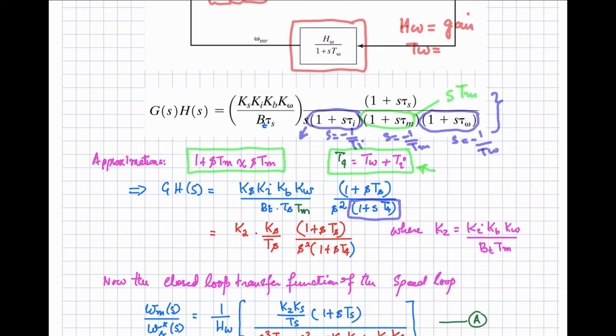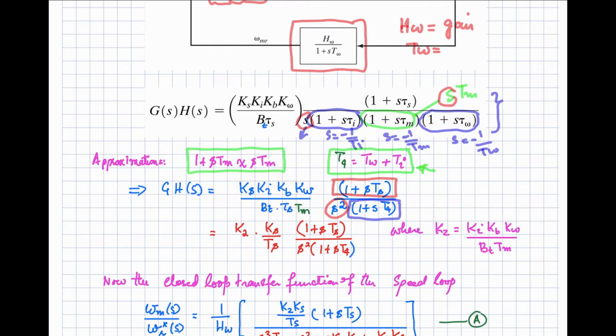One s was over here, this one, and the second s is because of this approximation, so this will become s square, and in the numerator we have 1 plus s Ts, right? And combining all of these gains together, we can write down this expression, right? This Tm is considered over here.